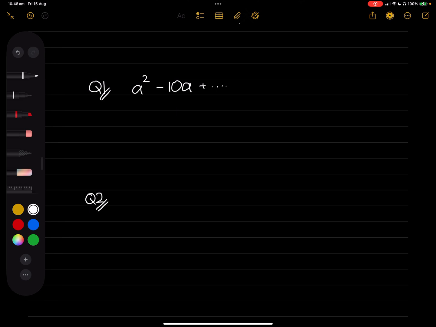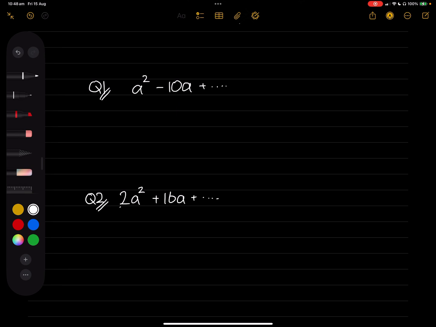I will say that you are given 2a squared plus 12a plus dot dot dot, and you have to find how this would turn into a perfect square. So what term you would add to the end of it to make it into a perfect square.